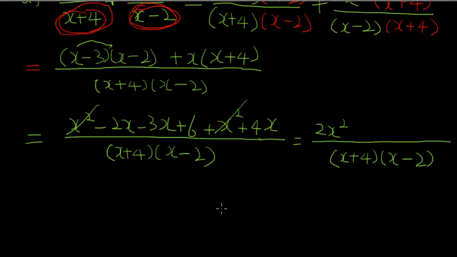We have negative 2x, negative 3x, and plus 4x. So that's negative 5 plus 4. So that must be negative x. Then we just have 6. Just like that.